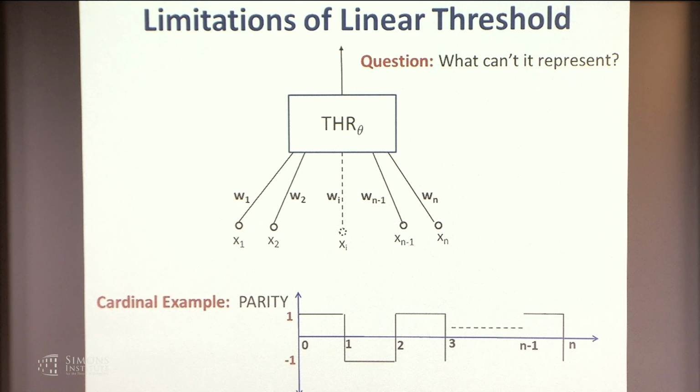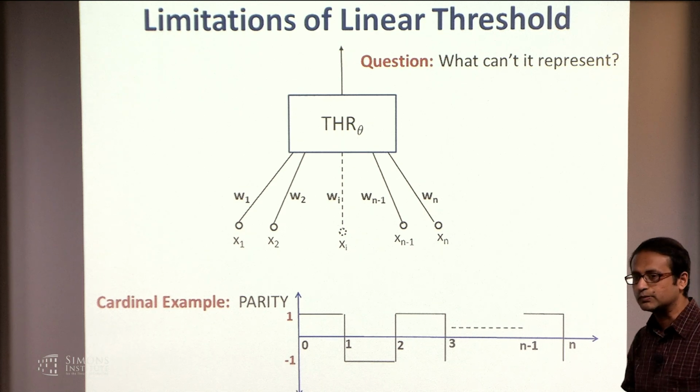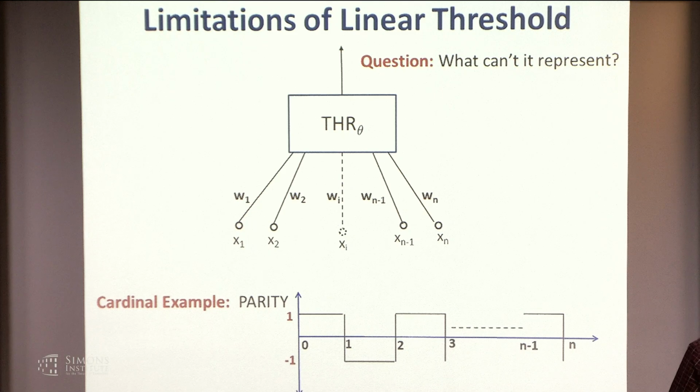If you symmetrize parity, look at its spectrum, it's always changing its sign, and something like a linear function of course can't do it. So formally speaking, the sign degree of the parity function is omega n, which means that any polynomial which wants to sign represent the parity function requires full degree, any multilinear polynomial over the Boolean cube.